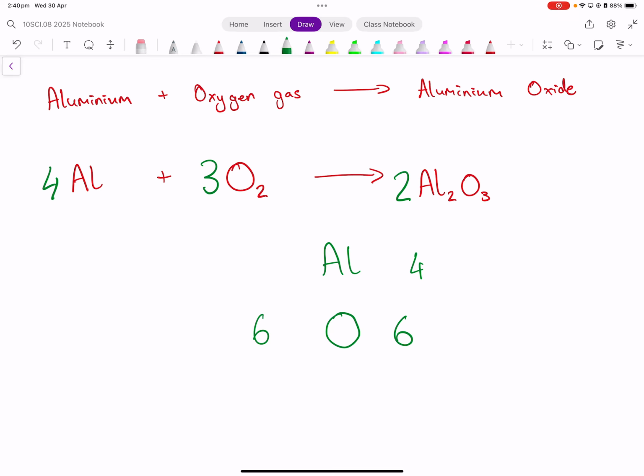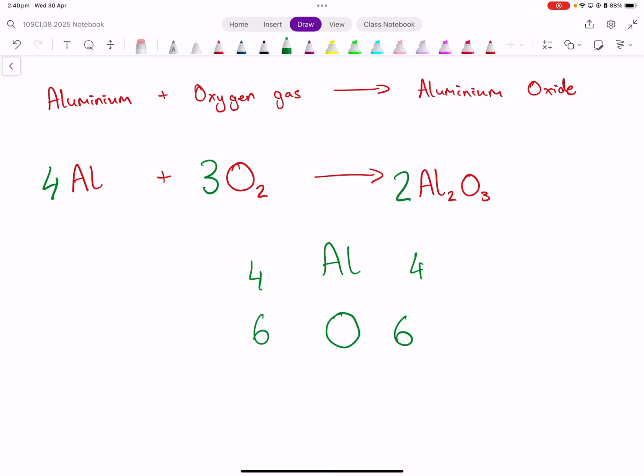And what this means for us is now on both the left and the right-hand side of the arrow, we have the same number of each element. So this becomes really important for us later on down the track in chemistry to make sure that everything is balanced. Okay?